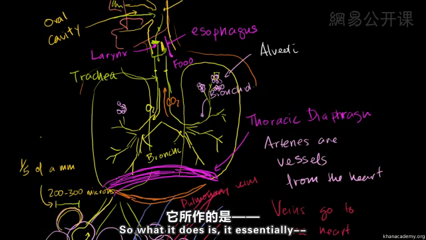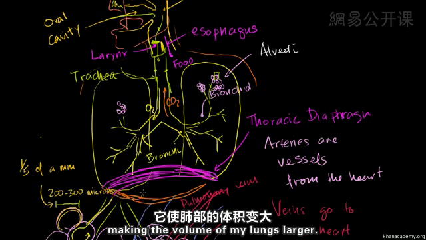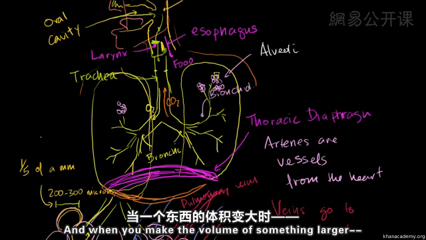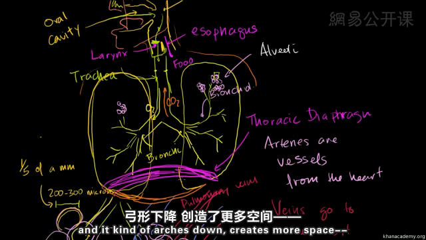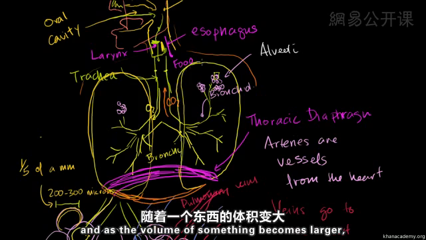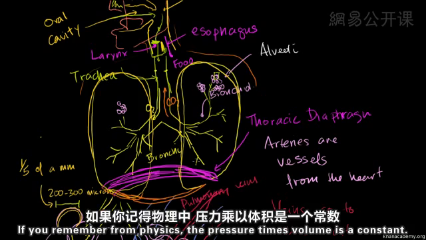You can imagine it's like pulling a balloon larger, or making the volume of my lungs larger. And as the volume of something becomes larger, the pressure inside of it goes down. If you remember from physics, pressure times volume is a constant.